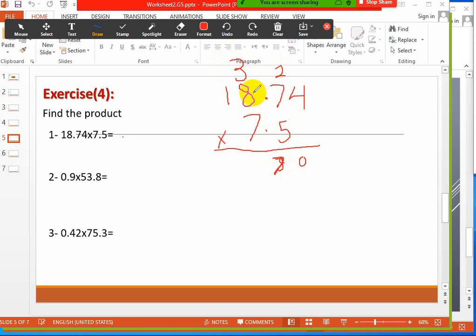Yes. 5 multiply 8 plus 3. Very good. 5 multiply 1 plus 4. Very good. Now I will put 0 here and continue the multiplication. 7 multiply 4.